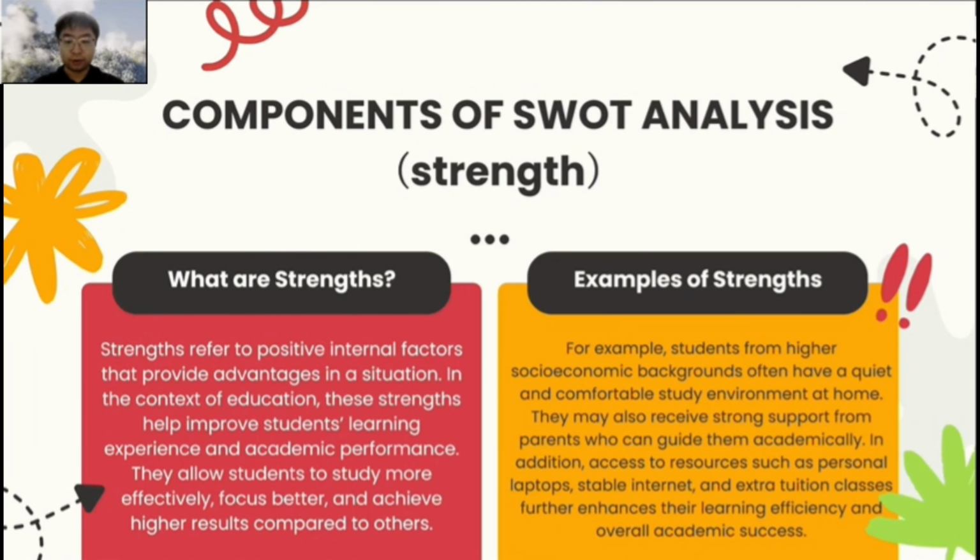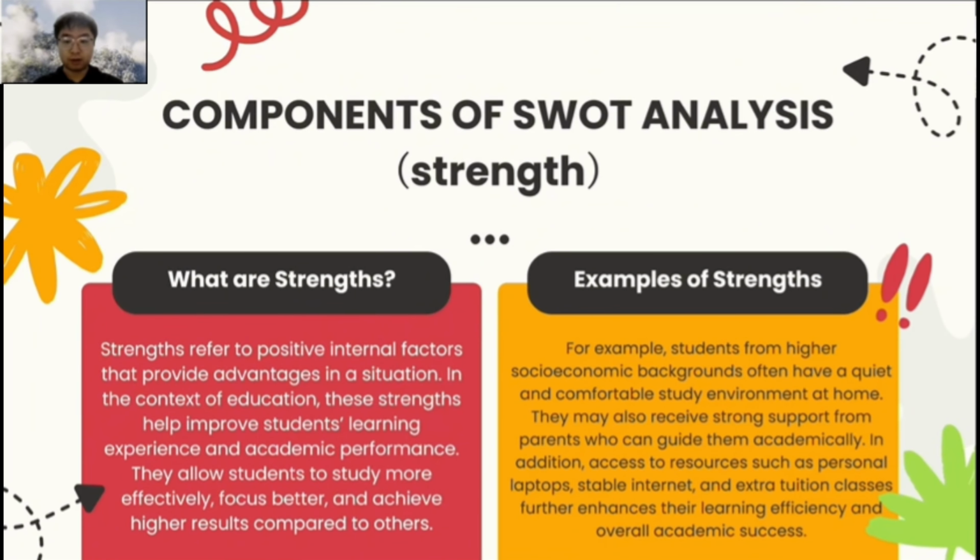Because of this, the topic is relevant and suitable for discussion. For example, students from higher income families often have more learning support. They may study in private schools, attend tuition classes, and receive better educational opportunities. These advantages can help students improve their academic performance.